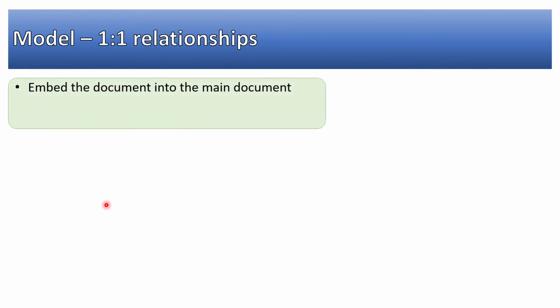In this part of the data modeling series, we are going to discuss one-to-one relationships and how to model those. We have already seen them in previous sections, but this is the complete detail with one example. Embed the document into the main document.